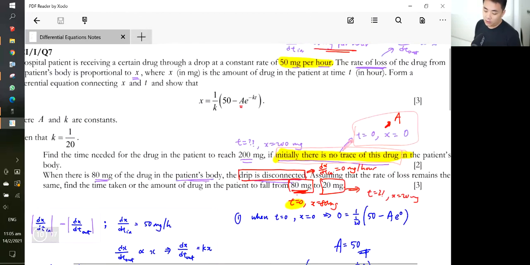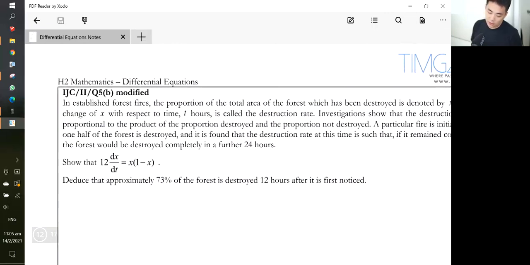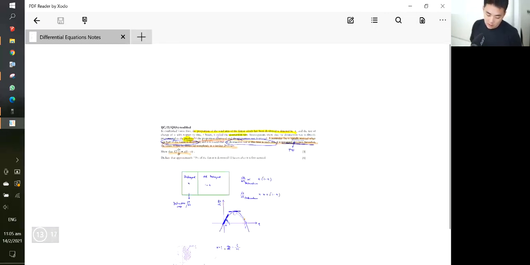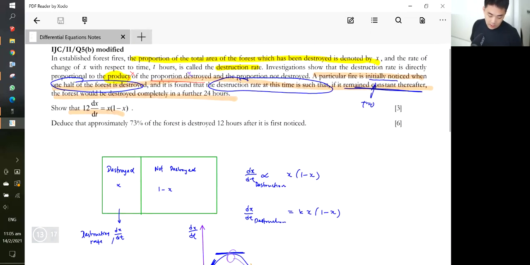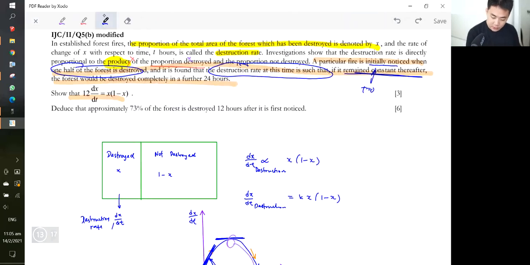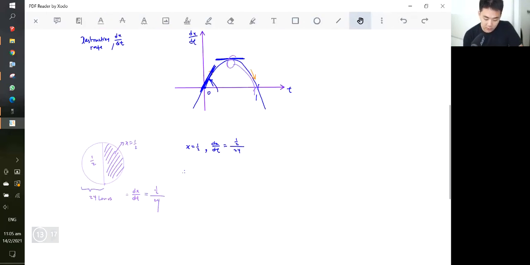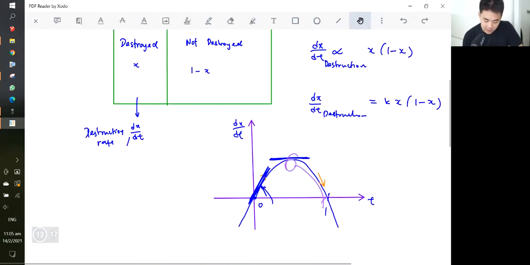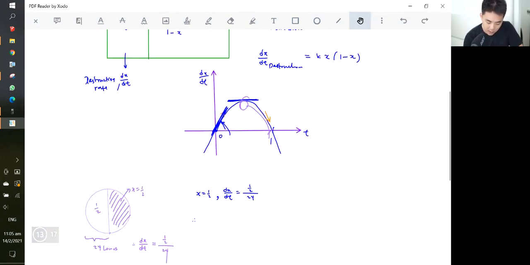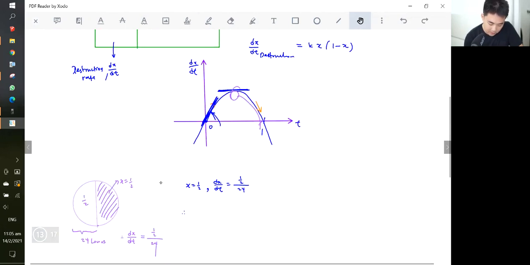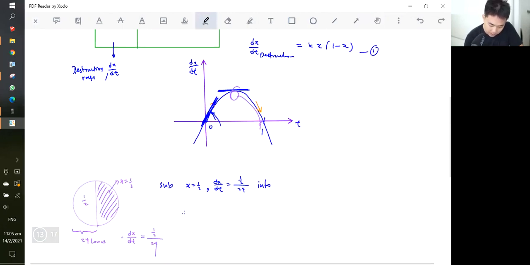Of all these boundary conditions, the worst is the one with the red one. The boundary conditions are the conditions which you use to solve for unknowns. So just so you know, this part here, we sub back into this equation, so sub into 1.